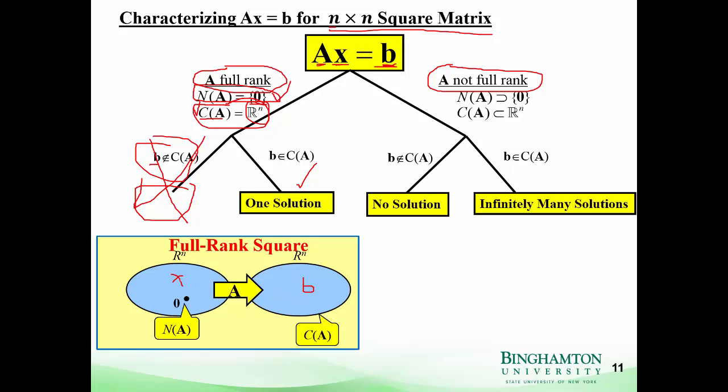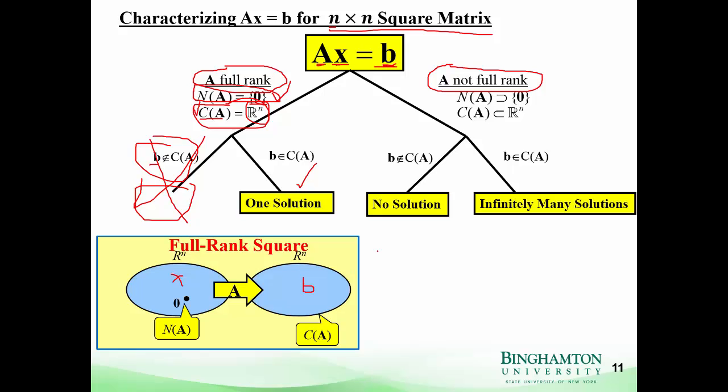What this picture is showing us is that for any vector B over here, there will be some vector X that I can pick that will map into it. I can hit every possible B. And so that's what I'm showing here. The column space is the entire space Rn.